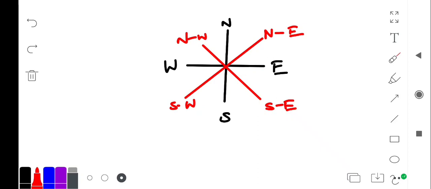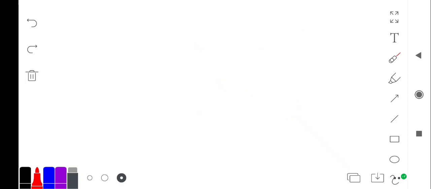Okay, this is the direction. In between of north and east we get northeast, in between of south and east we get southeast, in between of west and south we get southwest, in between of north and west we get northwest. Okay, this is okay.